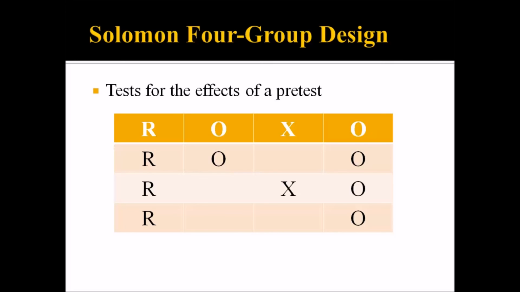Now, you might be wondering why a Solomon 4-group design isn't always used, because it has the elements of the true experimental design, and it also tests for the effects of a pretest.